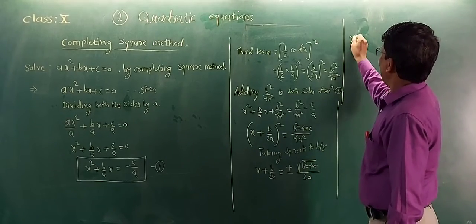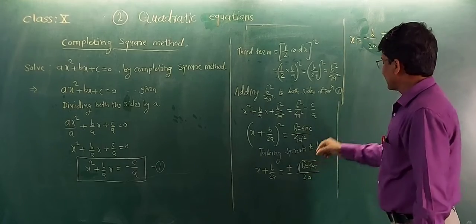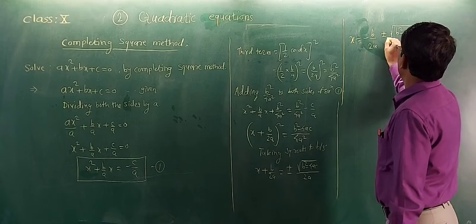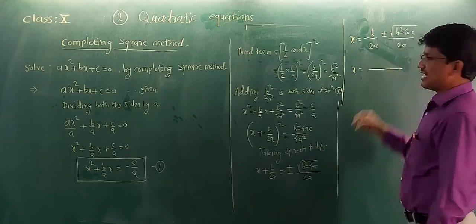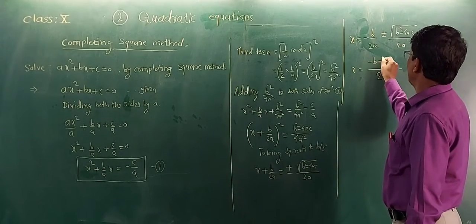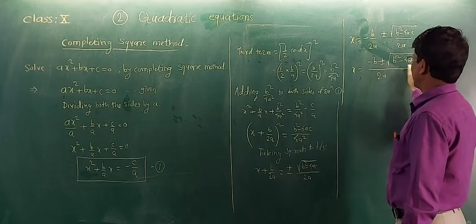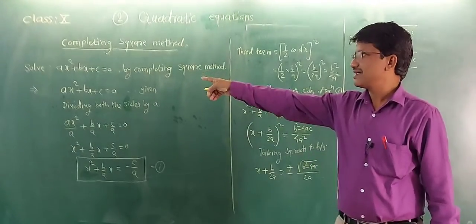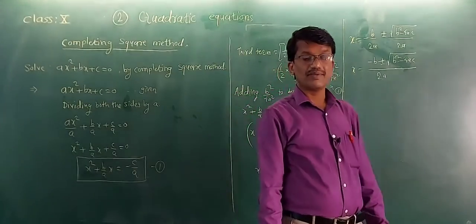So we get x equal to minus b upon 2a plus minus, as it is, under root b square minus 4ac divided by twice of a. So x equal to, the denominators are one and the same, so write once: minus b plus minus under root b square minus 4ac upon 2a. This is the final answer of this question, but here the degree of x is 2, so it must contain two different values.